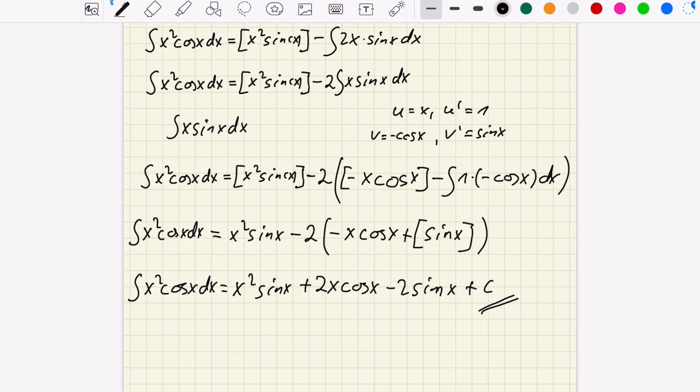We check if it's true by differentiating it. So we should get x squared cosine x. We do that.